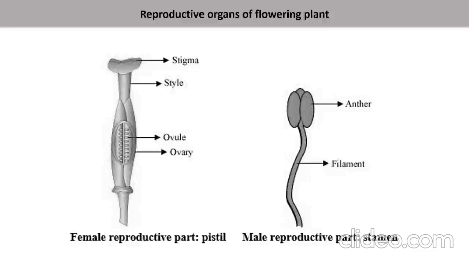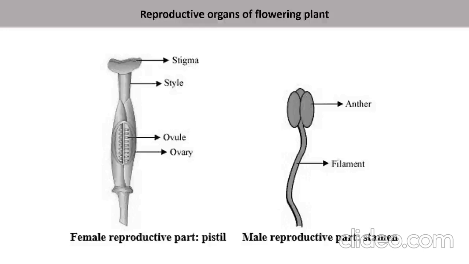Now, the question that I asked was: why do we need this style and stigma? Why is there no provision where the pollens can directly meet the ovule? Or in other words, are you aware of why certain plants keep their male and female reproductive parts separately?